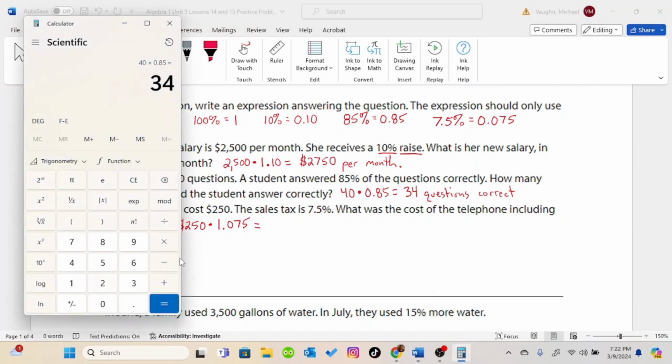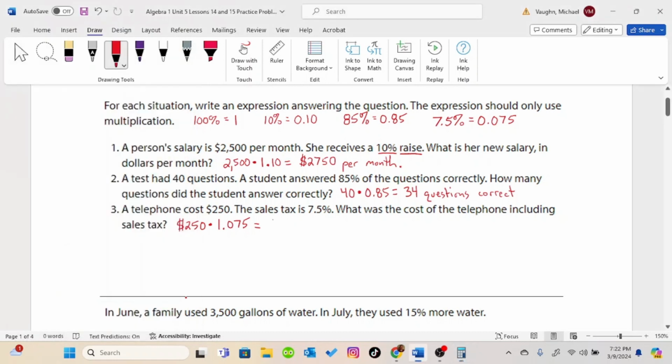Now, if we put that in the calculator, 250 times 1.075, the total cost is $268.75.